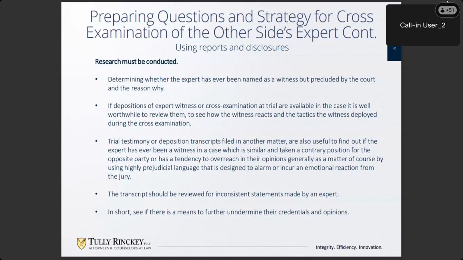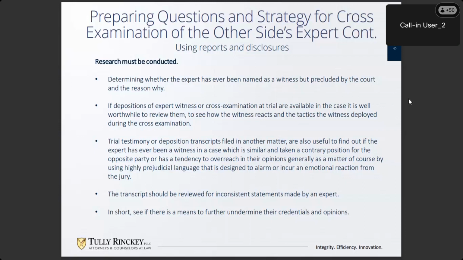If depositions of expert witnesses or cross-examination at trial are available in a different case, it's well worth trying to search for those and review them to see how the witness reacts and the tactics the witness deployed during cross-examination, during trial, and during direct examination if it's on some relevant issue.